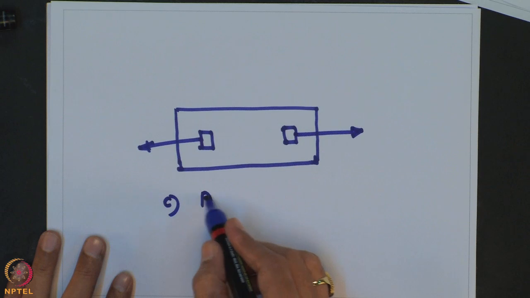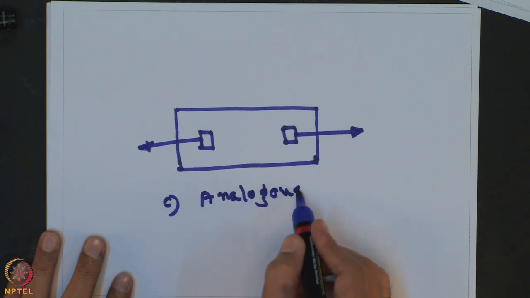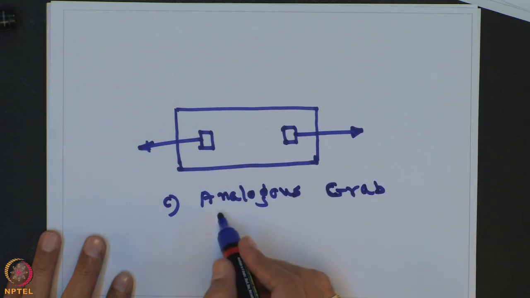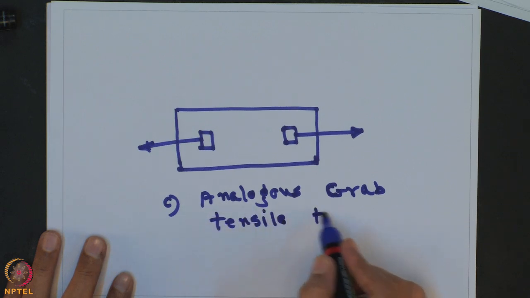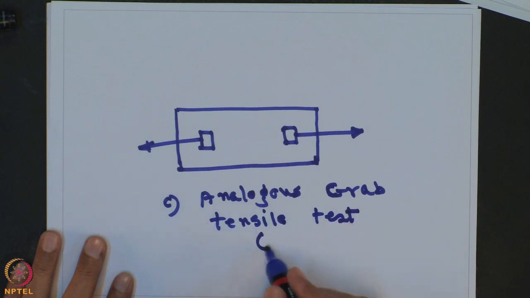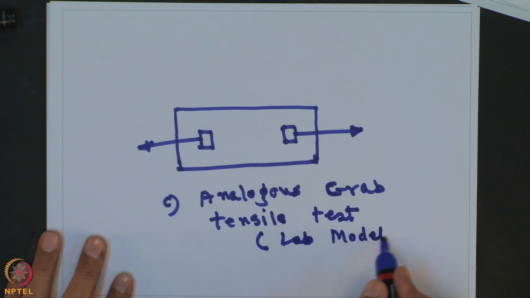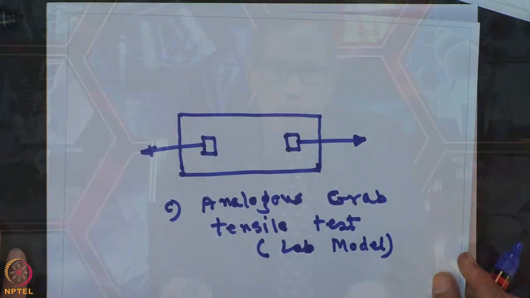So, you can say this is analogous to the grab tensile test. This is the lab model. So, you have seen what the field model is and how you can show it in the laboratory model.